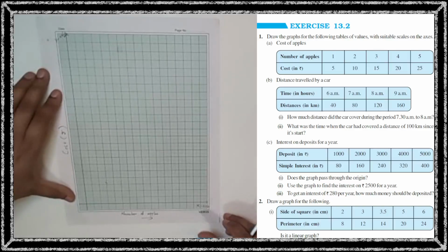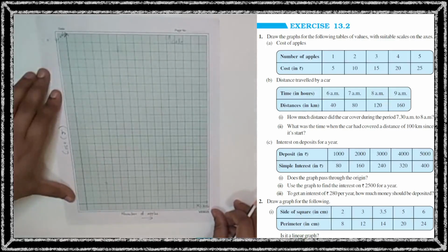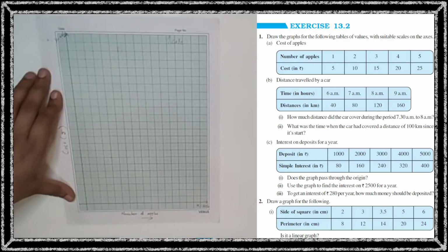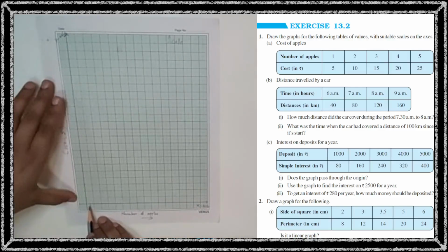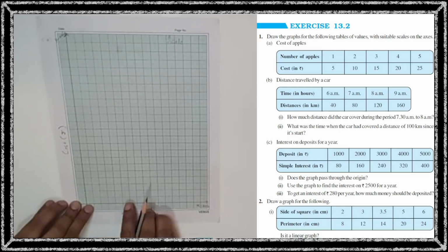So that is my y-axis, cost given in rupees. The next step is I have to decide the scale, right? You can see that on the x-axis, the data variation is from 1 to 5, and the y-axis is going from 5 to 25. So you can take 1, 2, 3, 4, 5 as each 1 centimeter as one block. So 1, 2, 3, 4, 5, your data is going to end here.